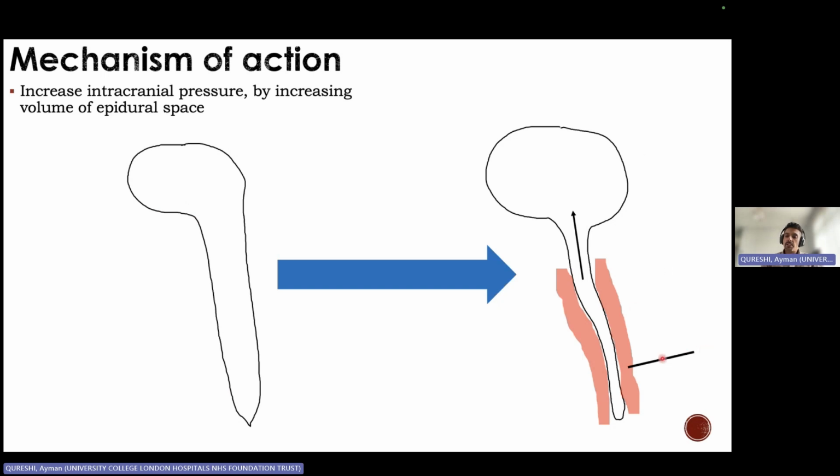If we get a needle into the epidural space here and we inject blood, that blood goes up and down the spine and compresses the dura, because it's in the epidural space, it's going to compress the dura around it into a narrow space. It's a bit like squeezing a balloon on one end. What happens to the other end? It balloons out.